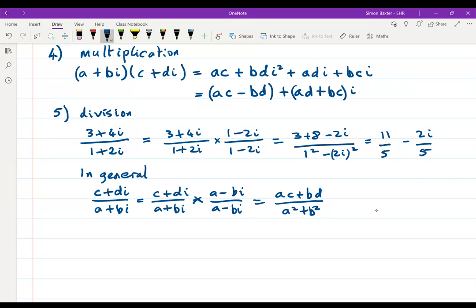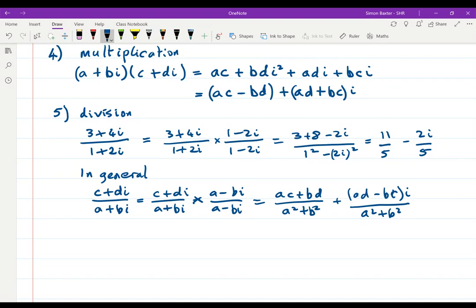Then multiplying the other bit out, we get plus ad minus bc times i, all over a squared plus b squared.